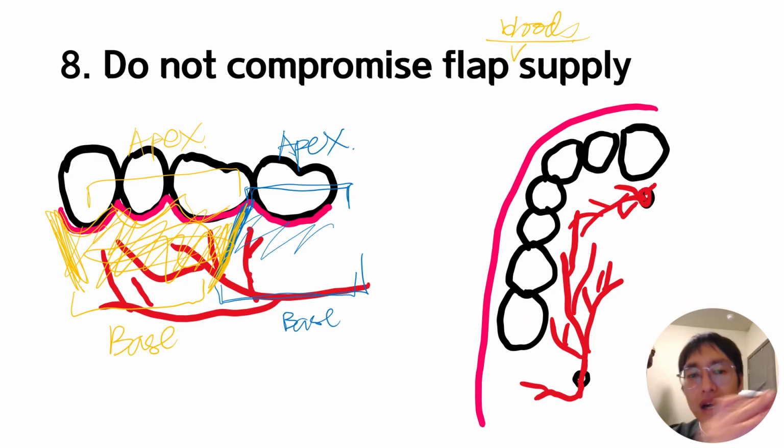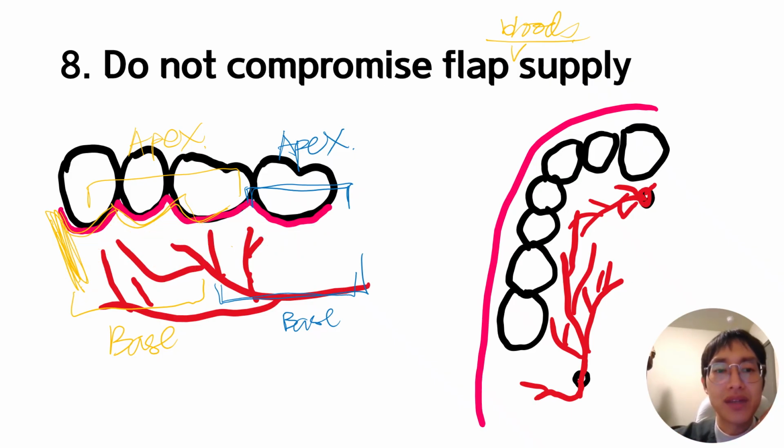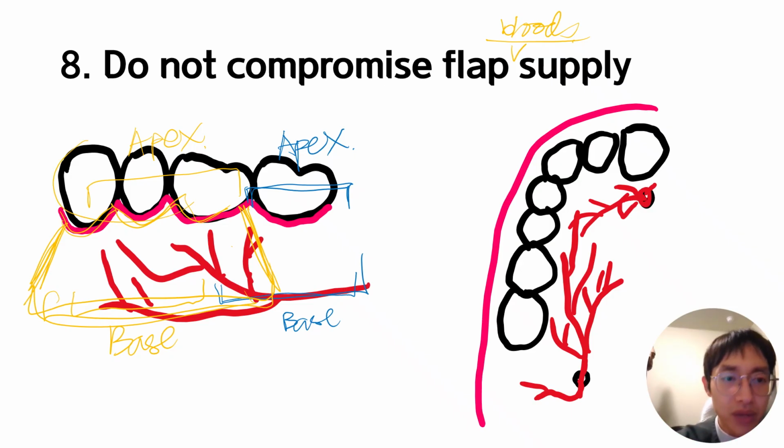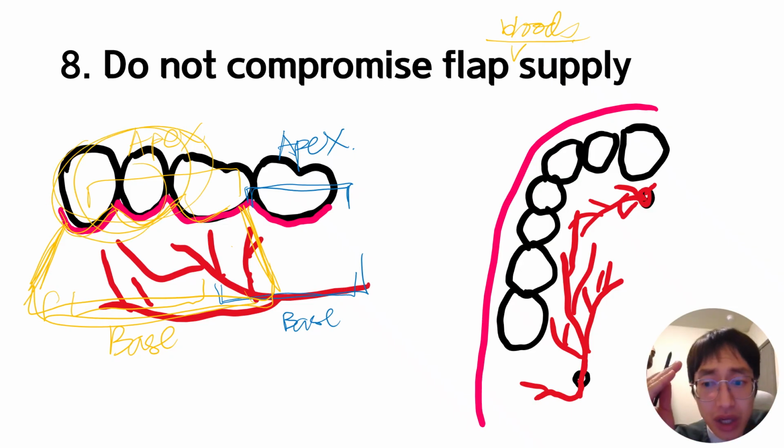So always be reminded that whenever you make a vertical incision, you must make the base wider than the apex. And it is good to know that when you are making a vertical incision in the premolar area, you need to be aware of the mental foramen, right?